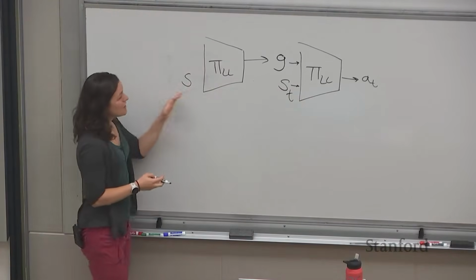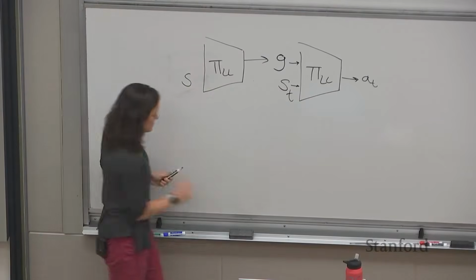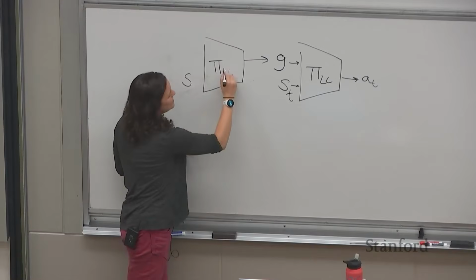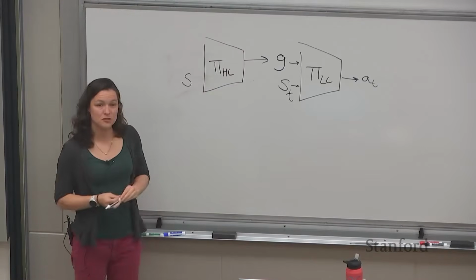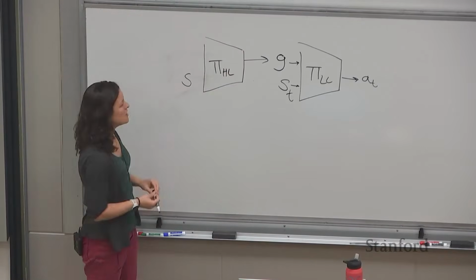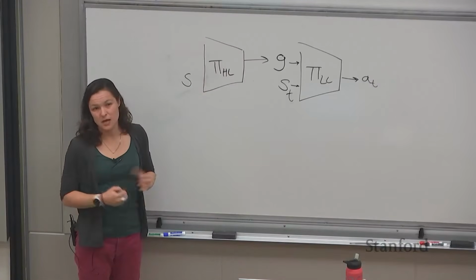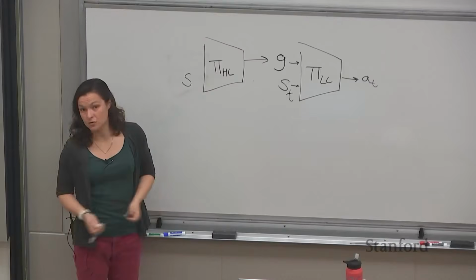And this policy can have a task. Sorry, I wrote this as low-level. This should be high-level. If you want your policy to be able to do multiple long-horizon tasks, then this high-level policy could also have some sort of task descriptor or goal as input.